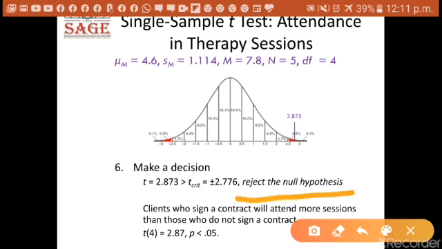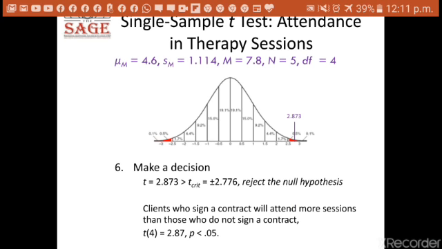Why do we reject the null hypothesis? Because it is going beyond this area. Clear? And if this value 2.873 would have been in this area, we would not have rejected the null hypothesis. But at the moment we reject the null hypothesis because our calculated value is greater than our critical value.